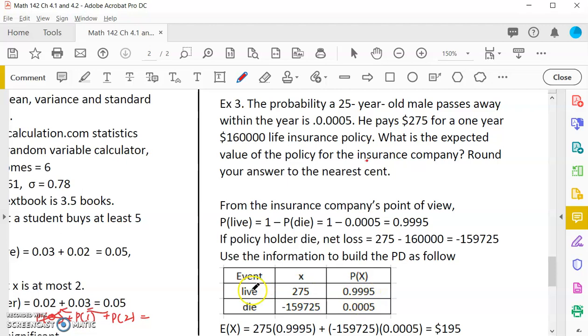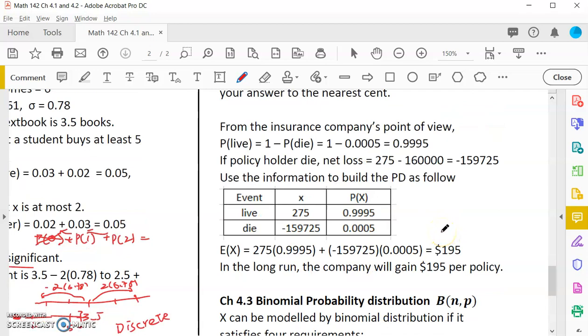This P of X is related to living, and this P of X involves dying. You use this X and P of X to calculate the expected value, which is X times P of X. 275 times 0.9995 plus negative 159,725 times 0.0005 is 195.